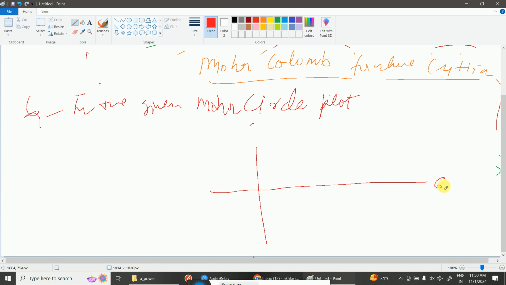Sigma n is the normal stress, sigma s is shear stress.